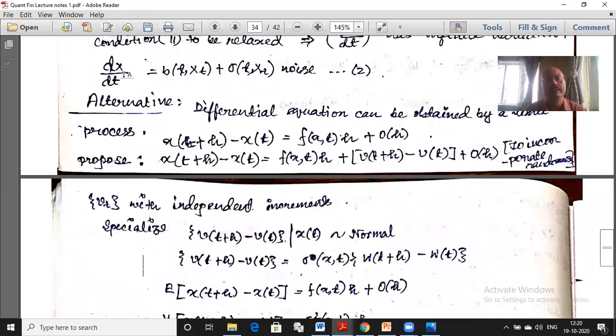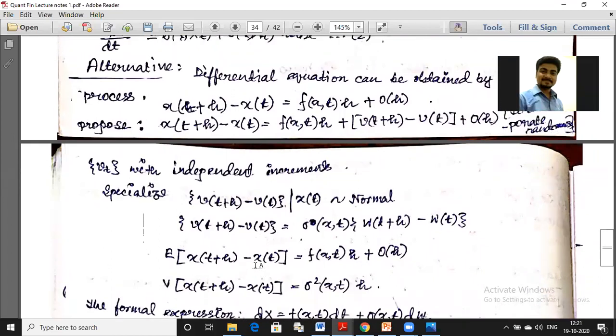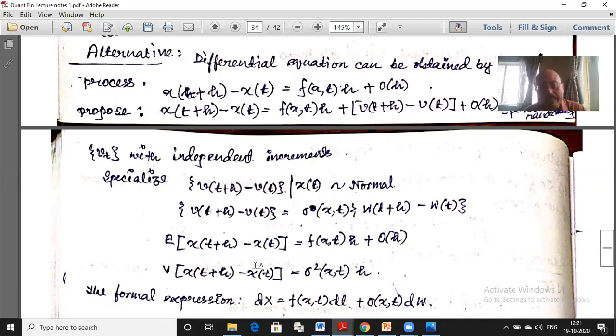If I divide dx by dt, just think of this as a mechanical division, what would be the order of the variance? We have a lot of candidates: 0, 1, 1 by t, 1 by dt.